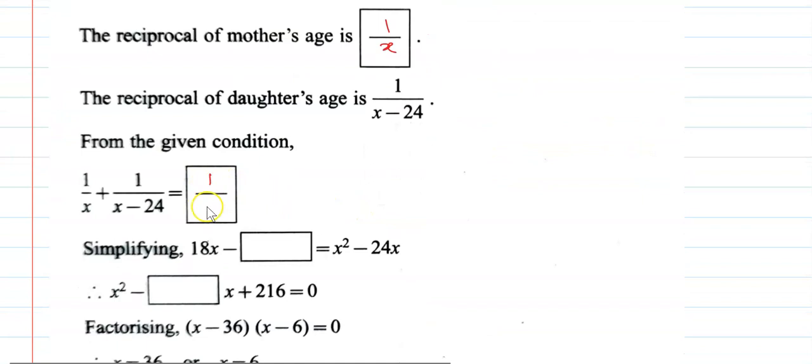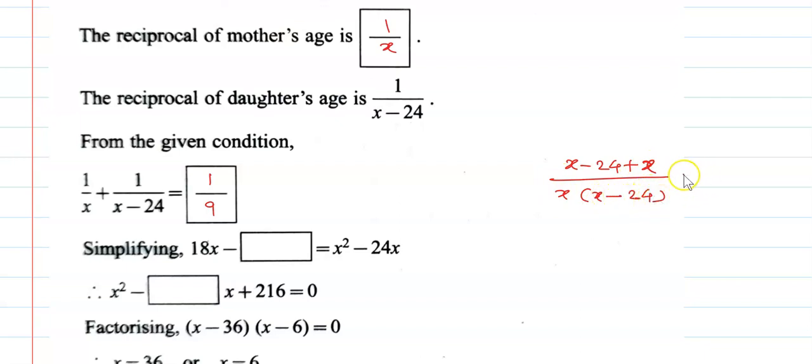After the simplification, after the cross multiplication, what you will get here? 1 into x minus 24, plus 1 into x, and this divided by x into bracket x minus 24 is equal to 1 upon 9.